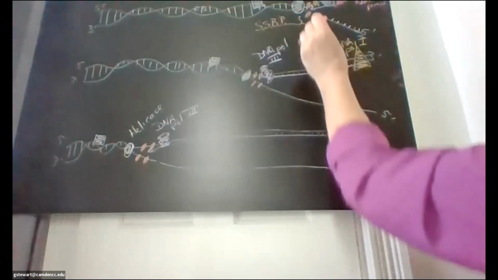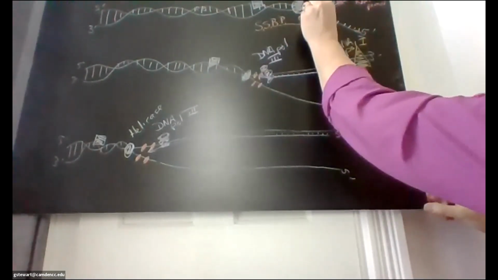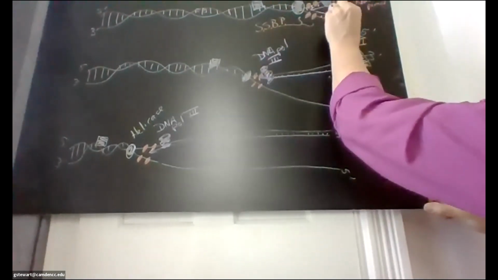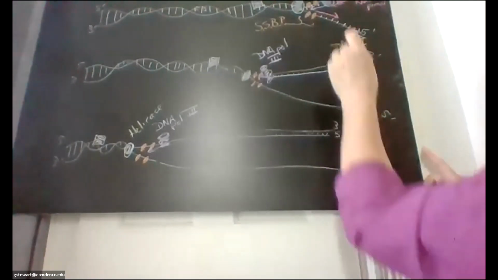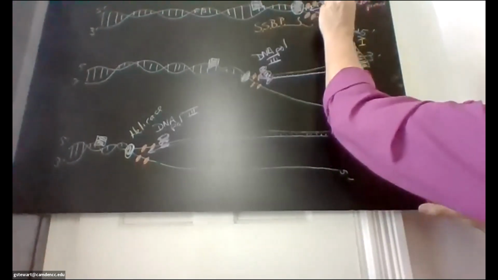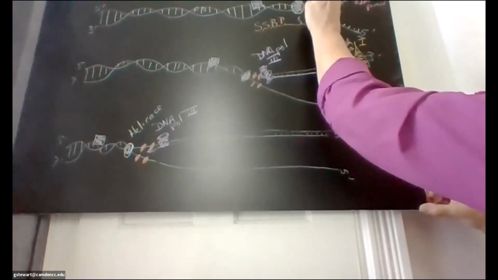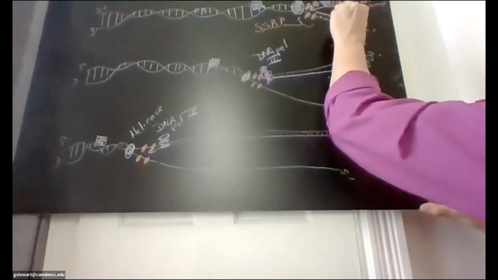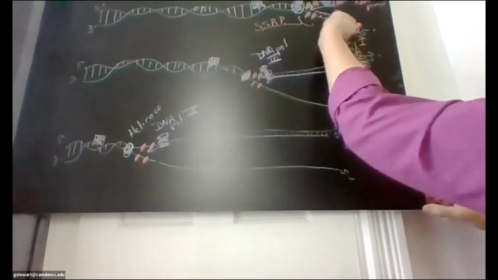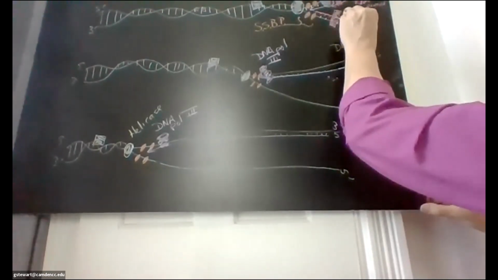Primase makes a primer here at the replication fork going outward, away from the replication fork. So I'm going to put the enzyme here again, and this is the primer, at the replication fork toward the end.